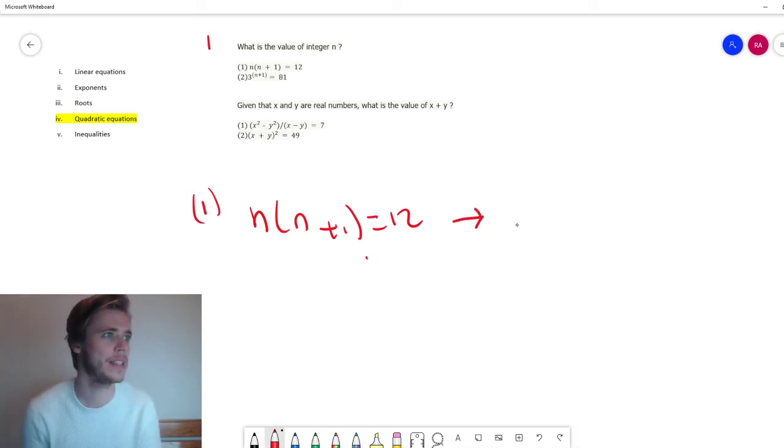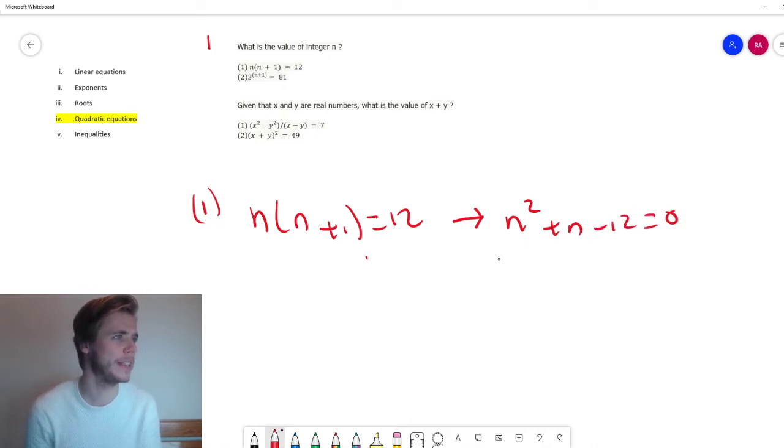We can solve this. This is n squared plus n times 1, minus 12 is 0. So if we factorize this, we get n minus 12. Here, this is the product, so times each other, and this is always the sum if you add it up together.